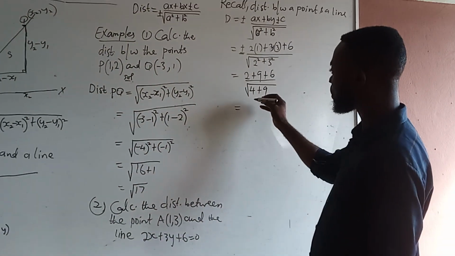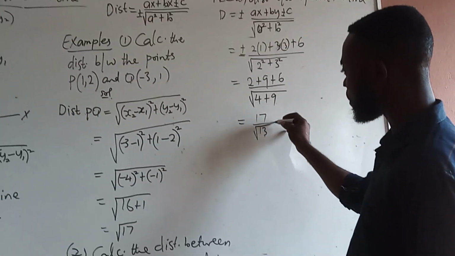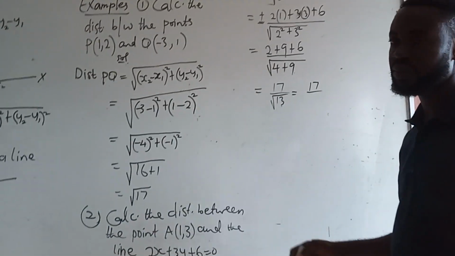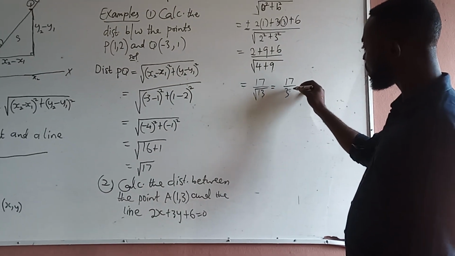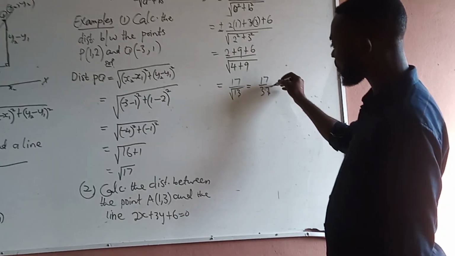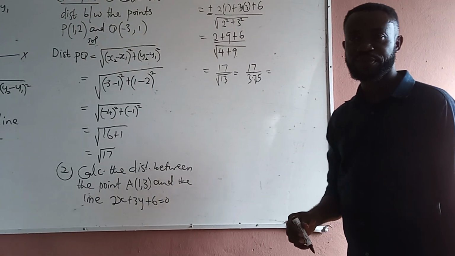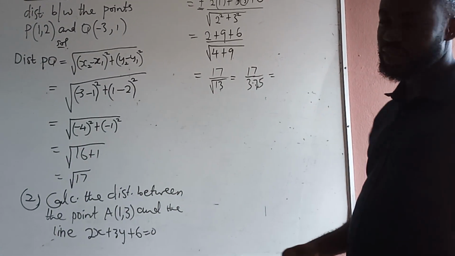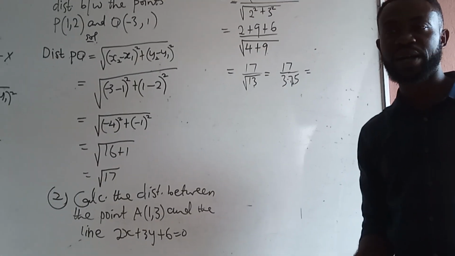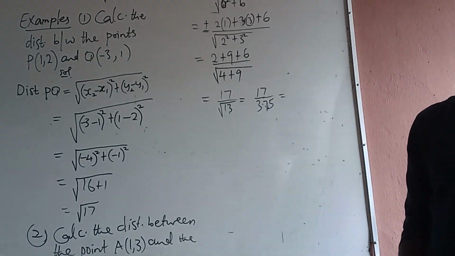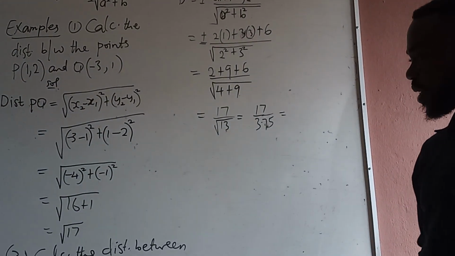And that gives us 17 divided by square root of 13. 17 divided by the square root of 13, 3.75. And then you can finish it. 17 divided by 3.75. That's how to find the distance between a point and a line.